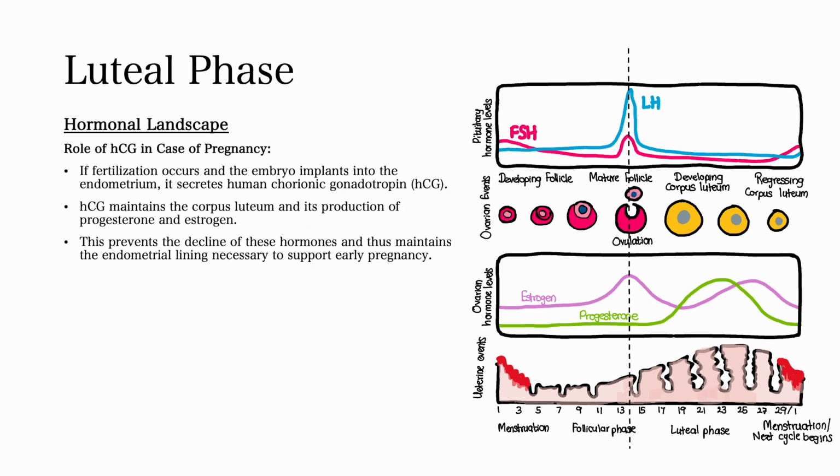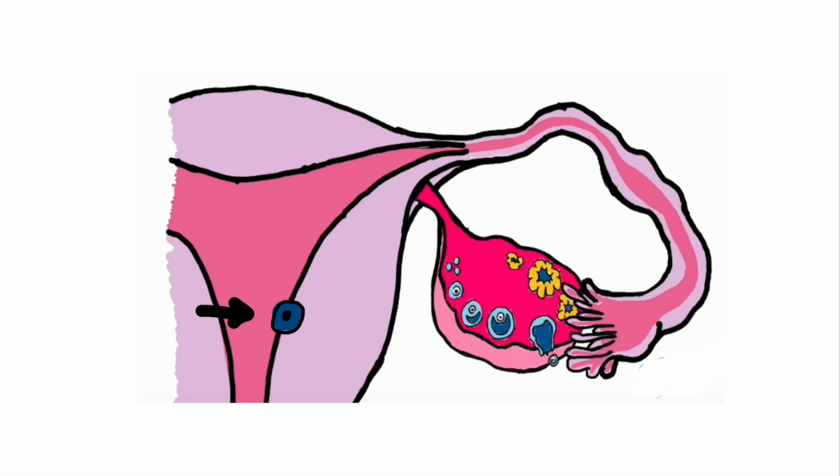If fertilization occurs and the embryo implants into the endometrium, it secretes human chorionic gonadotropin hormone. This is abbreviated as HCG. HCG maintains the corpus luteum and its production of progesterone and estrogen. This prevents a decline of these hormones and thus maintains the endometrial lining necessary to support pregnancy.